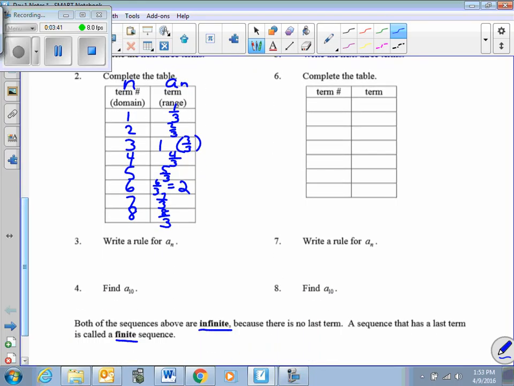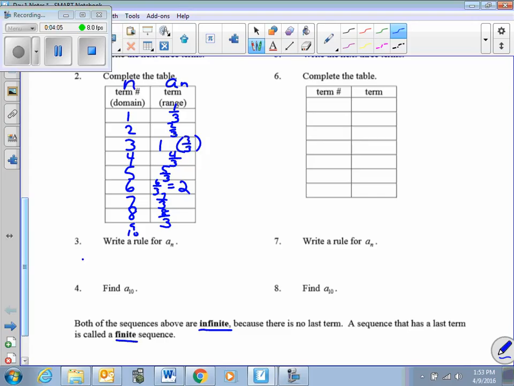Now what we've got to do is figure out a rule, in other words a formula, that would allow us to say what the 15th term is without having to write the 9th term, the 10th, the 11th, and so forth. We want a rule that enables us to figure out any term in that sequence based on its place.